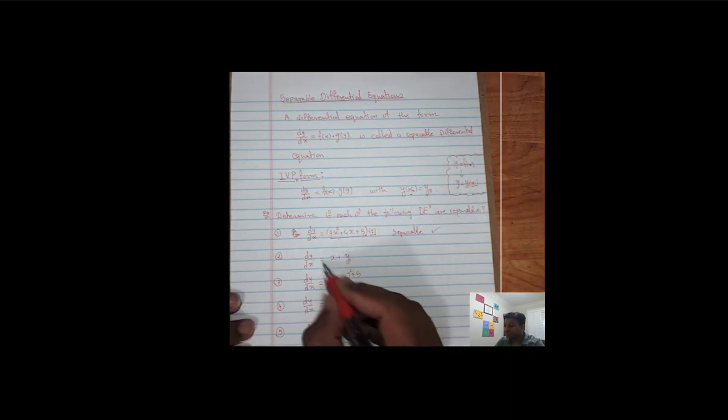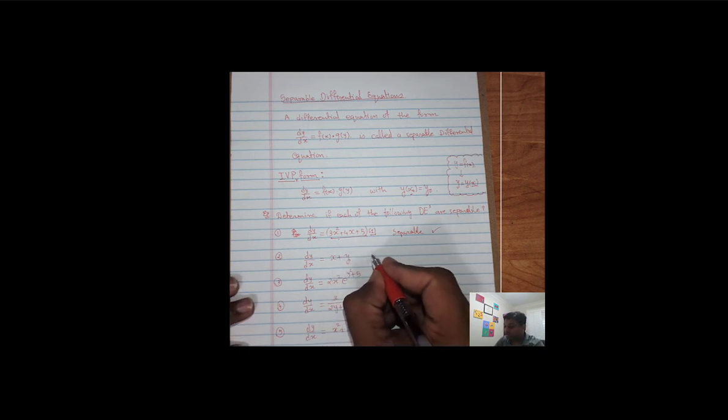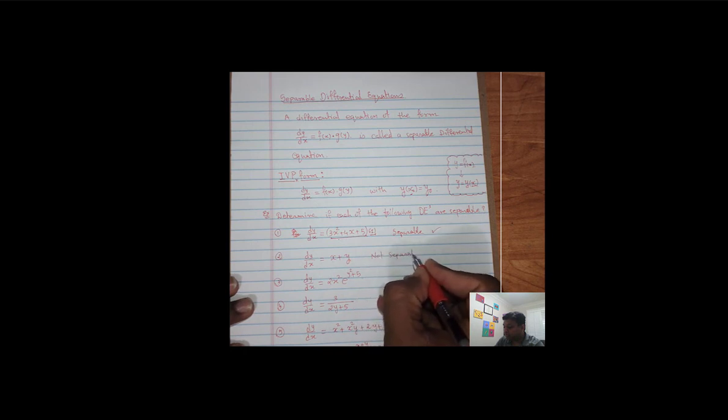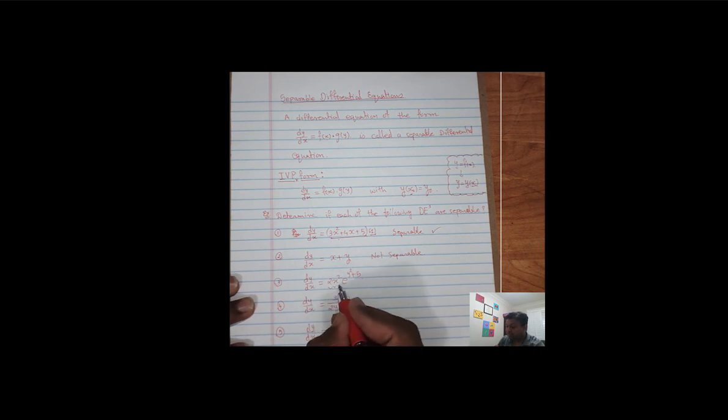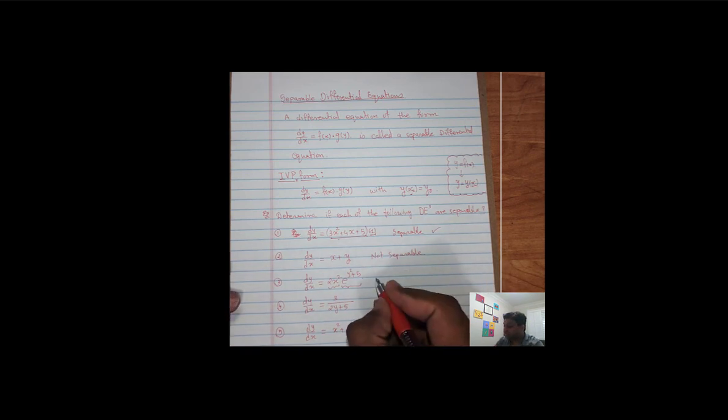So this differential equation, even though the right hand side looks pretty simple, is not a separable DE. In the third example, this is a separable differential equation. Clearly we can see variable x and variable y separate in terms of their product.